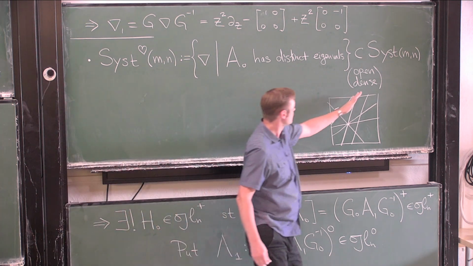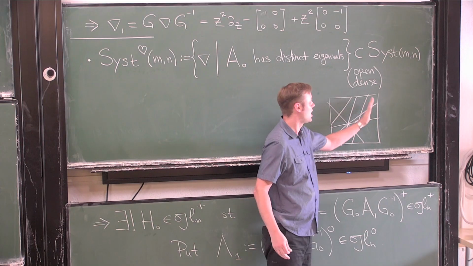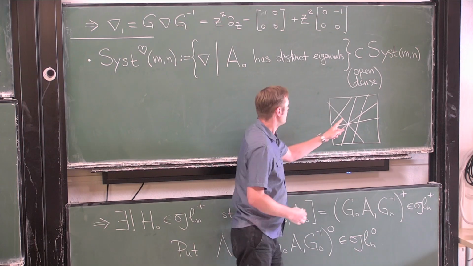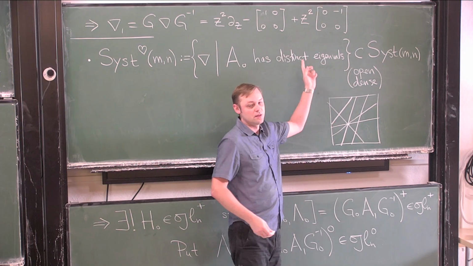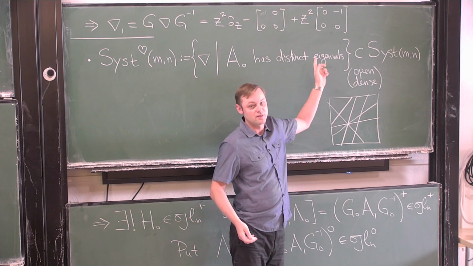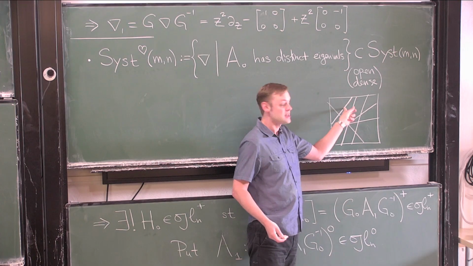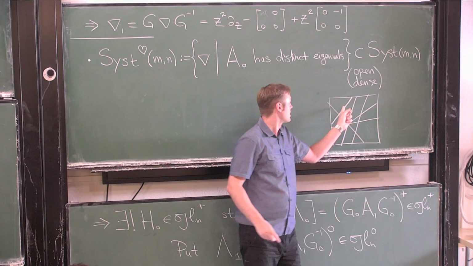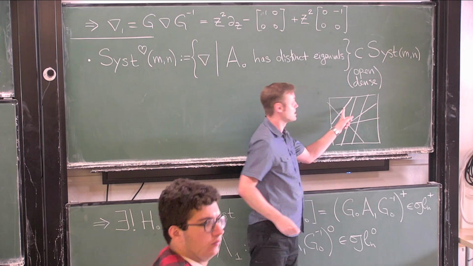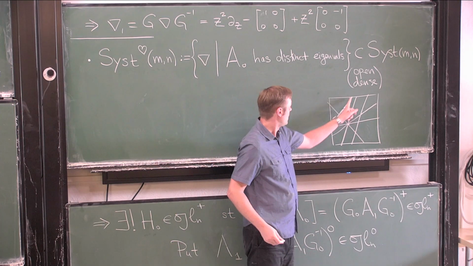And all these lines are exactly the subsets defined by, let's say, this line is exactly the subset which says the first eigenvalue is equal to the second eigenvalue. So any system that lands here will not be a nice system because it fails for that reason, that two eigenvalues coincide.